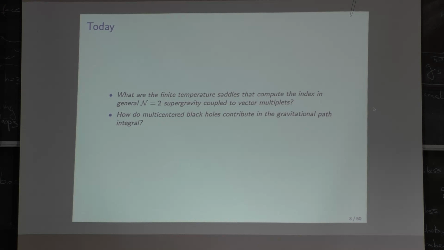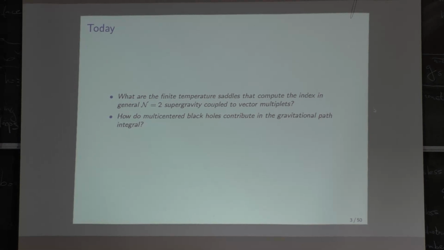One of those questions will be how multi-centered black holes contribute to supersymmetric indices in the gravitational path integral. We'll also discuss how we can relate the newly found saddles to index saddles in different theories through the so-called M-theory uplift, which we'll discuss towards the end.